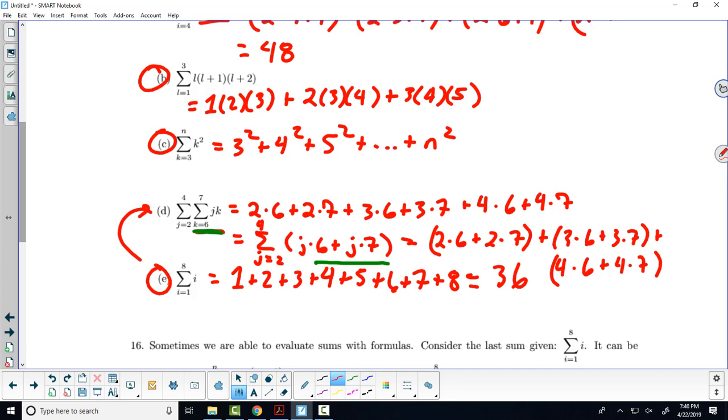Yeah, Maria. Would you simplify what's in the parentheses? Yeah, great, there are many properties you can use here. What is j times 6 plus j times 7? It'd be 13j.